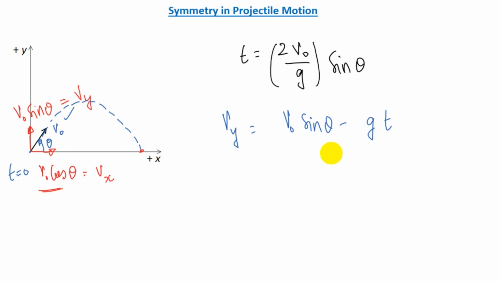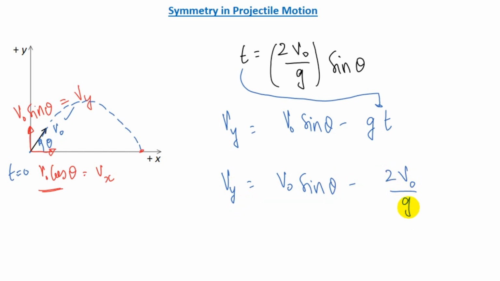Now what would be the velocity vy at this time? For that we can put this t here. So vy equals v0 sine theta minus 2v0 over g times sine theta, and this g as it is.